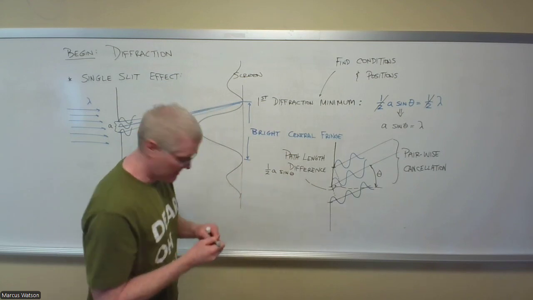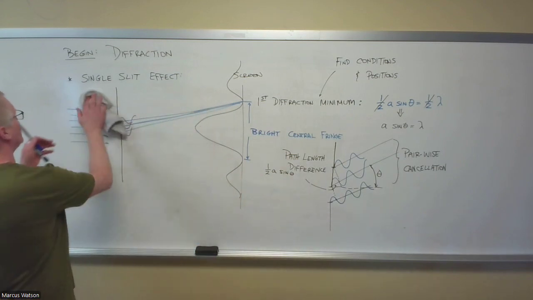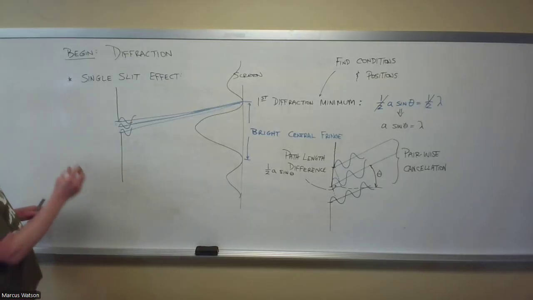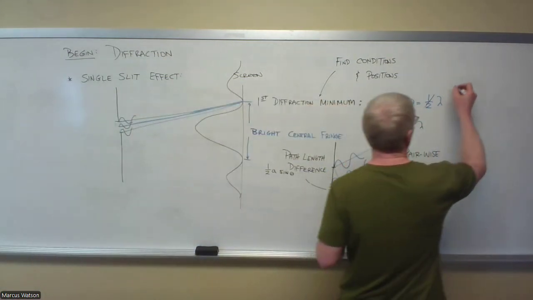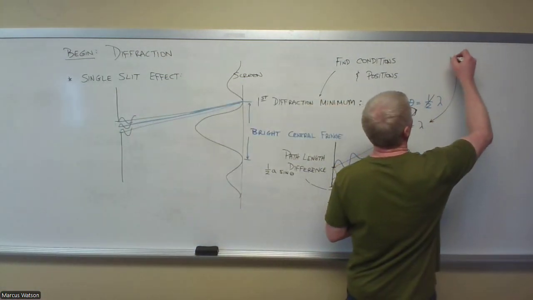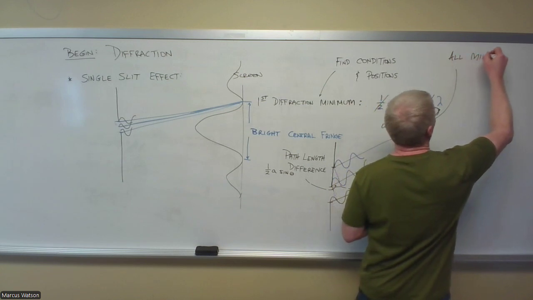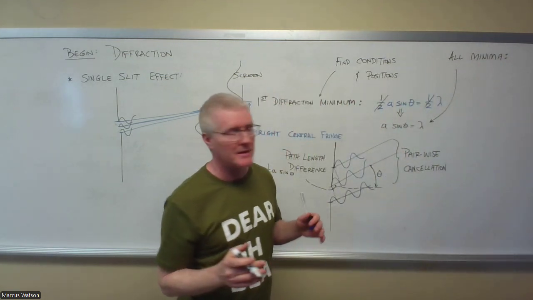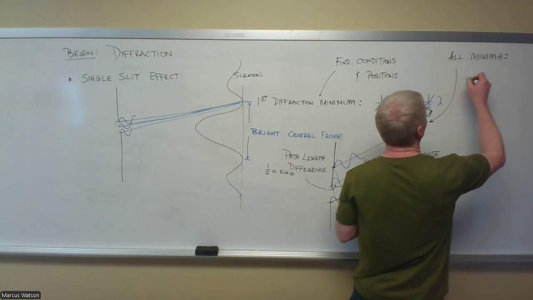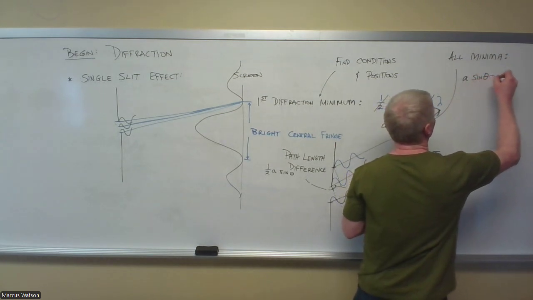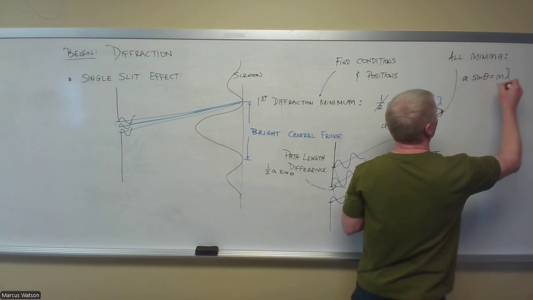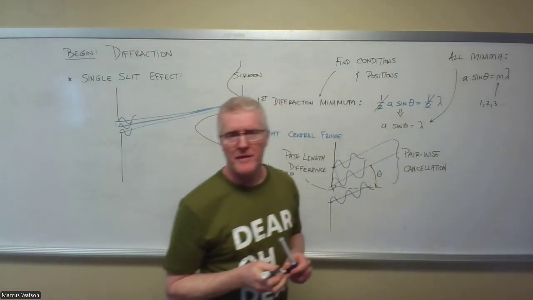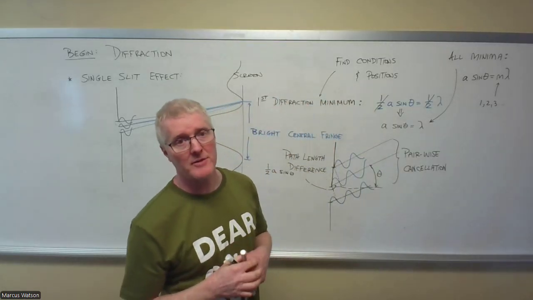So what we find here is that the diffractive minima, to find all minima, they're going to be located at m lambda, where the integers are not starting at 0 this time.